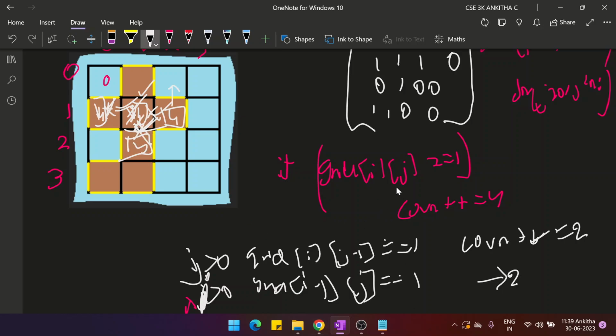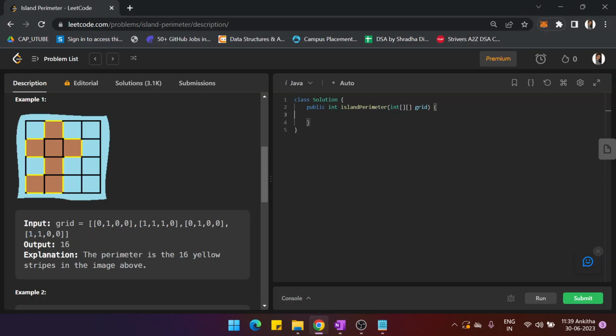So if the given box is land, then you increment by 4. Then check for the neighboring column and row. Row means above row, column is the previous column. If it is the end of the array, this will check for this and this. So that is how you solve the problem. All the columns and rows are taken into count.